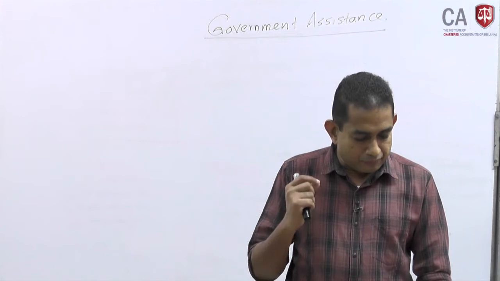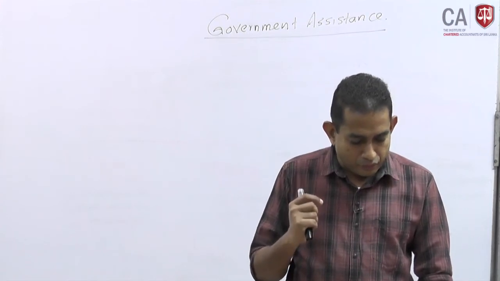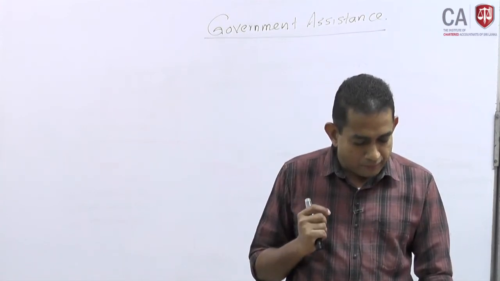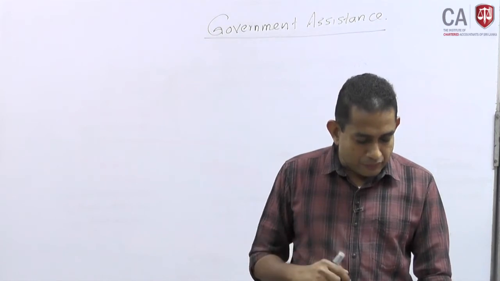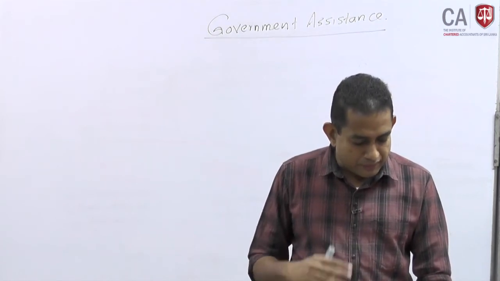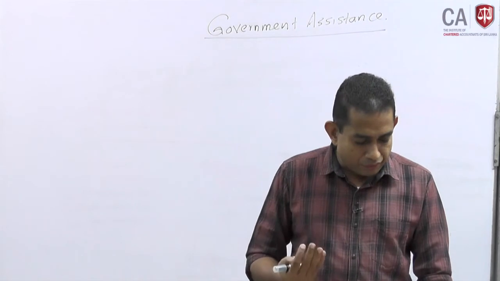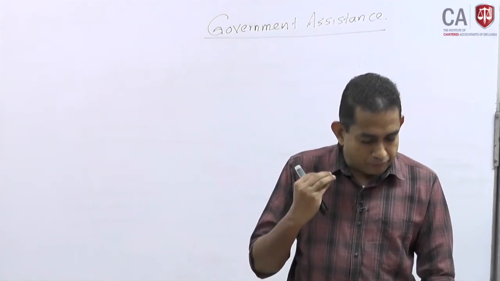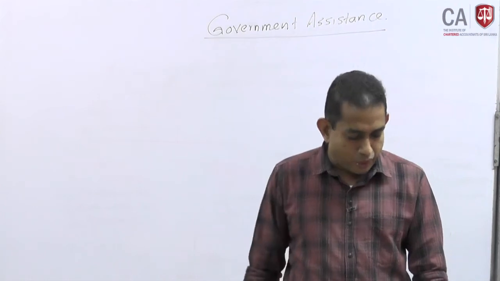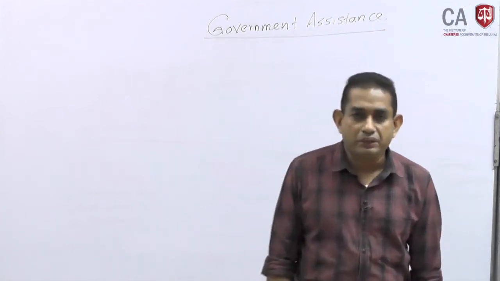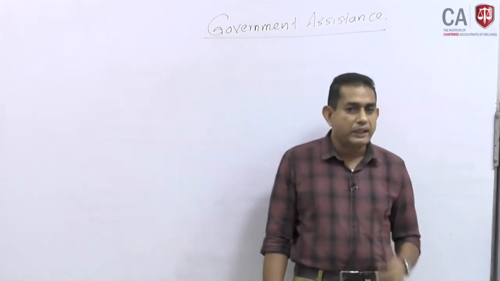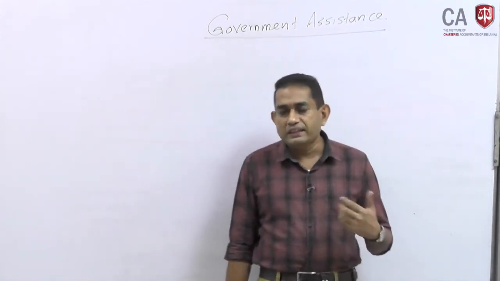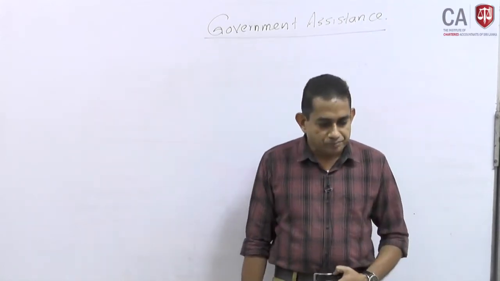Government assistance for the purpose of this standard does not include benefits provided only indirectly through actions affecting general trading conditions, such as the provision of infrastructure in development areas or the imposition of trading constraints on competitors. So it is a lengthy one, looks a little daunting. Let us take one by one and see what each and every single word means.